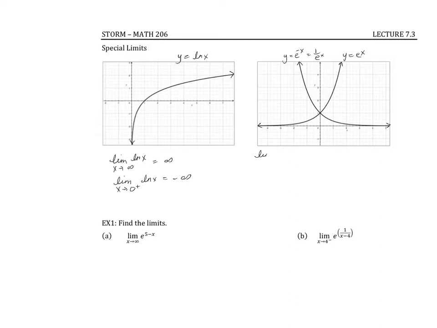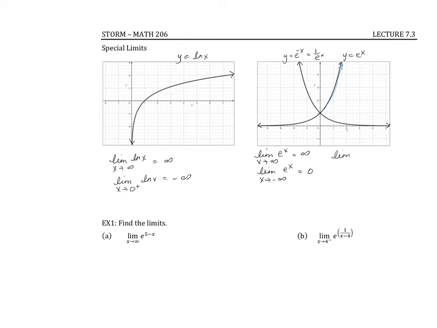So if we look at the limit as x goes to infinity of e to the x, so as x goes to infinity, our function e to the x goes to positive infinity. And the limit as x goes to negative infinity of e to the x is 0.